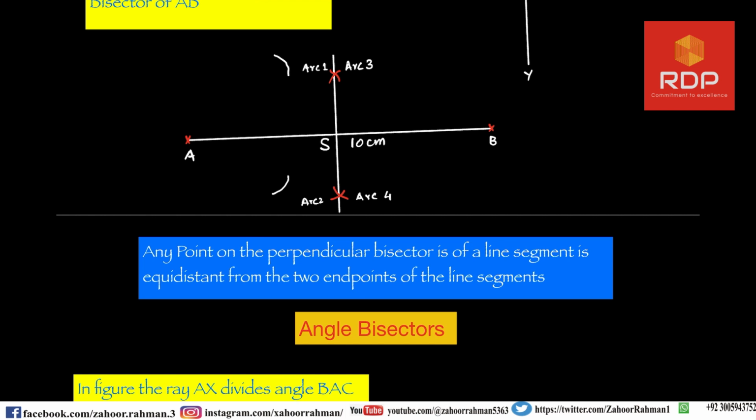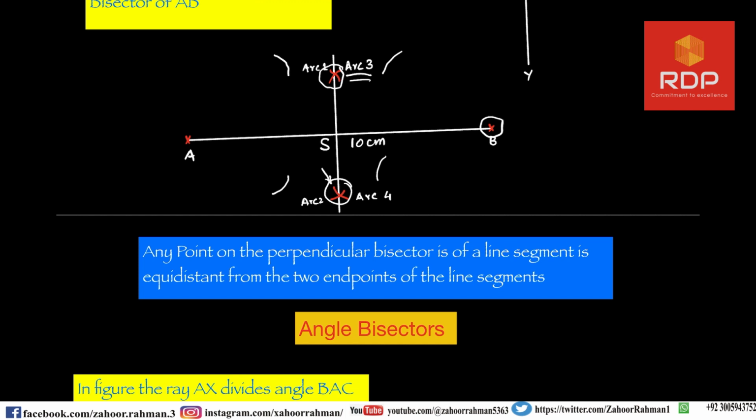Now you have to put the tip of the compass at point B, and draw this arc number 3, which is in this shape, and then arc number 4, which is in this shape. So you will get these 2 points which are intersecting each other at one point.